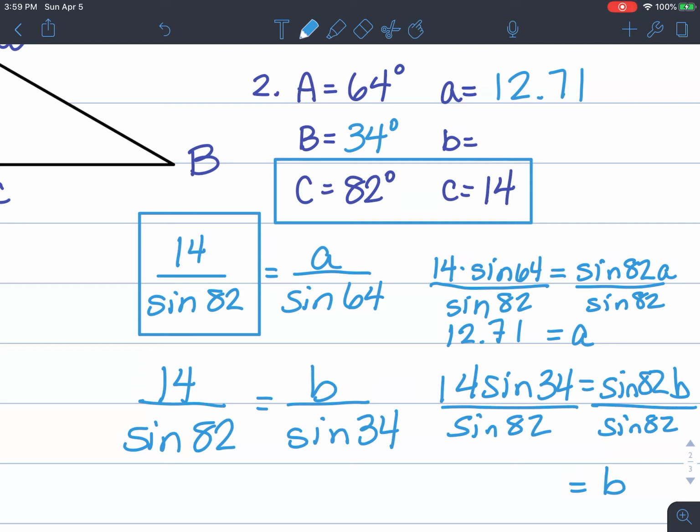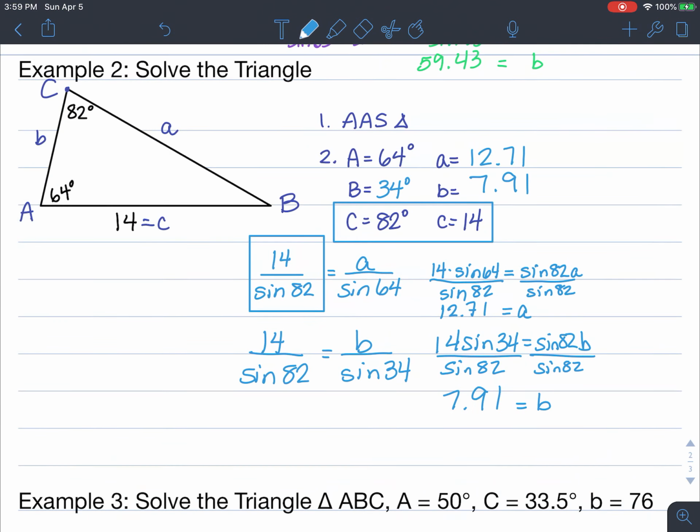And I got 7.91. 7.91, yep, just double checking with my notes. And I found all the sides and all the angles, so I'm all set.